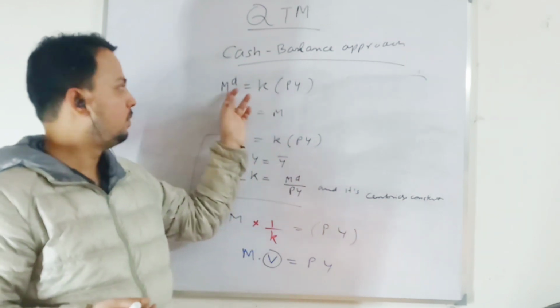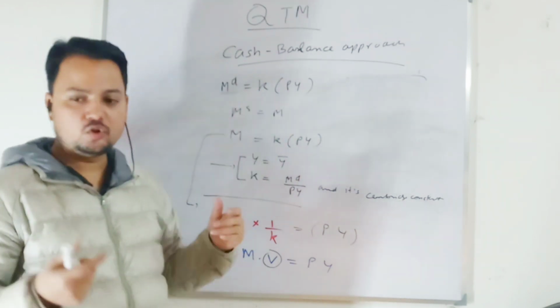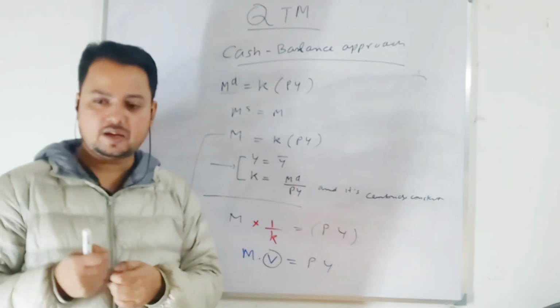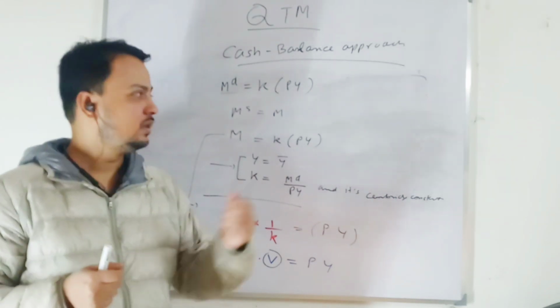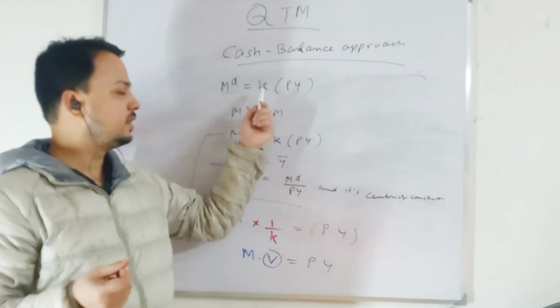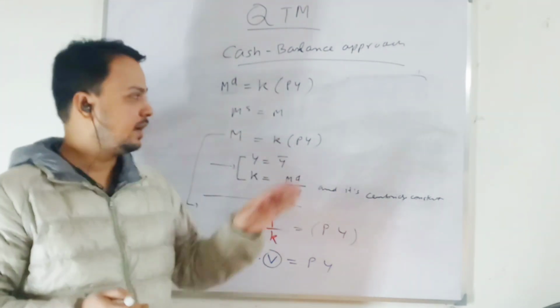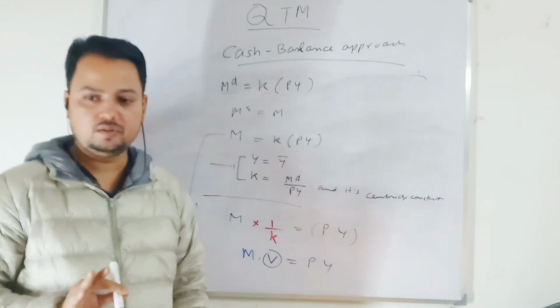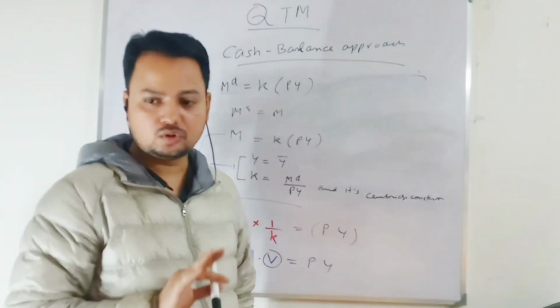This money demand is a proportion of the value of output, so you are holding cash as a store of value only as a proportion of output, but there are many factors that are affecting your holding of money. That is also not considered in this theory. So this is the criticism of both theories in general.